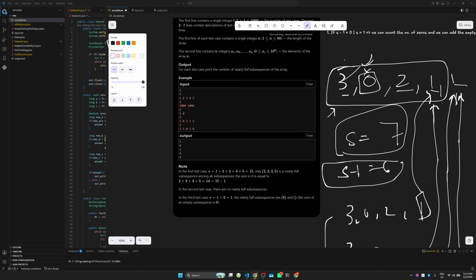But let me do some Google research and let's see if there is any other way to figure out subsequences except recursion, DP. Oh, okay.